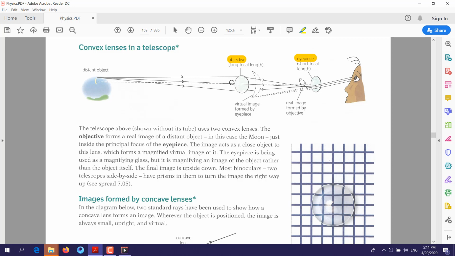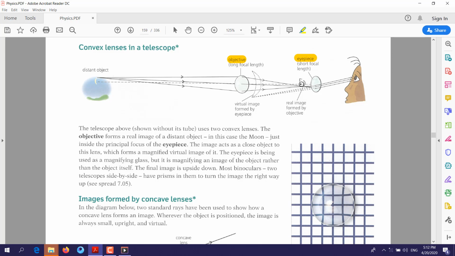Rays pass through the objective lens, and it will make a real image. Here it's the image formed by the objective. Okay, but where is the position of it? It's inside the principal focus of the eyepiece.